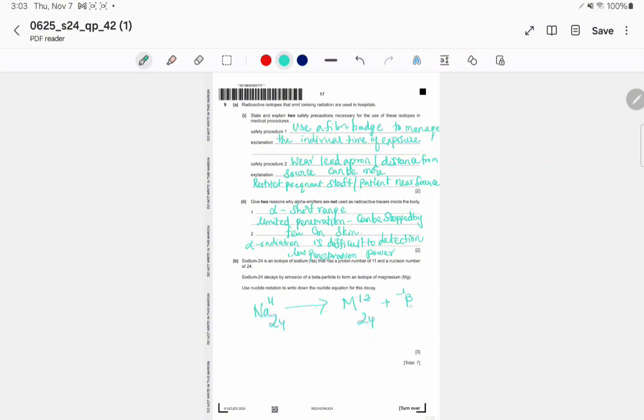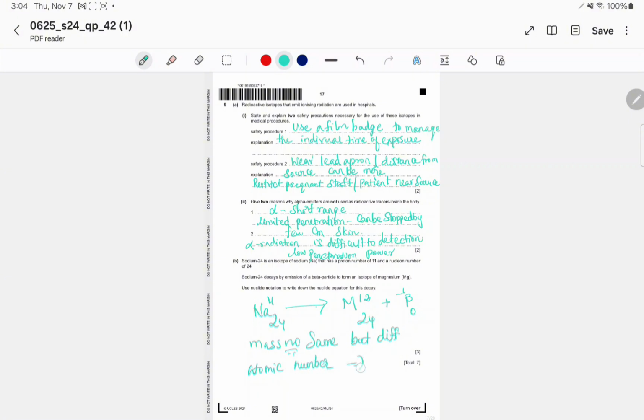Beta is -1, 0. So they have the same mass number but different atomic numbers.